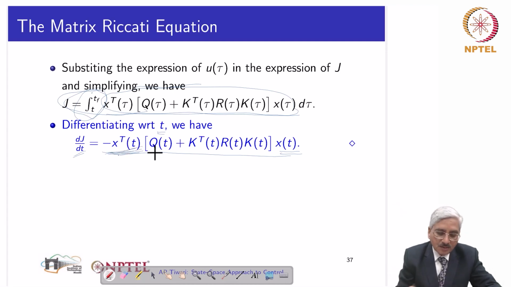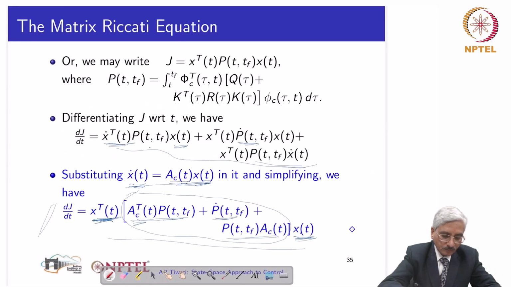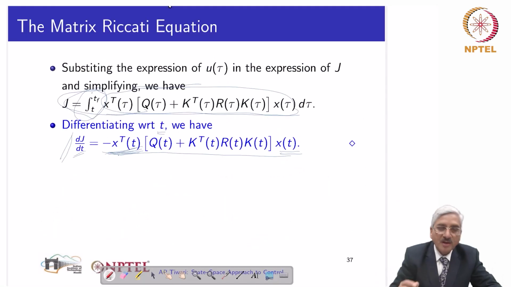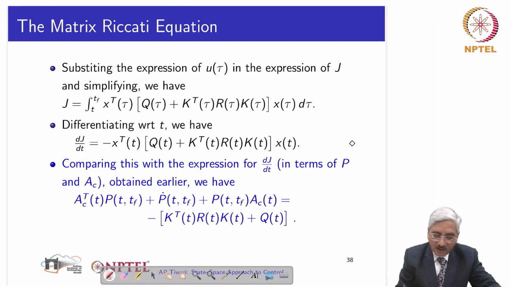So this derivative will match the derivative which was there in the previous slide. Let me show. This one, if both are the expressions for the same quantity, then obviously the left hand side and right hand side have to match, and so we get this expression.